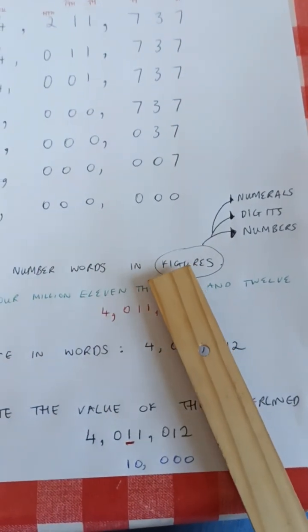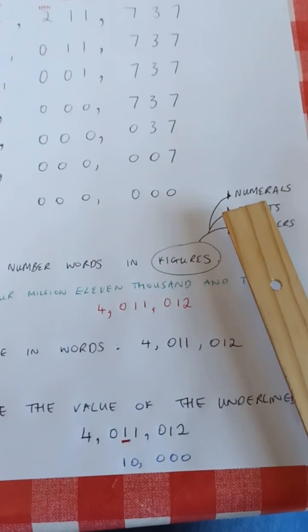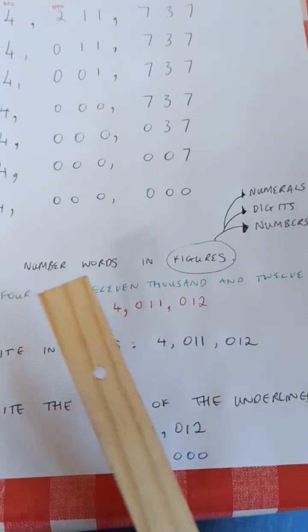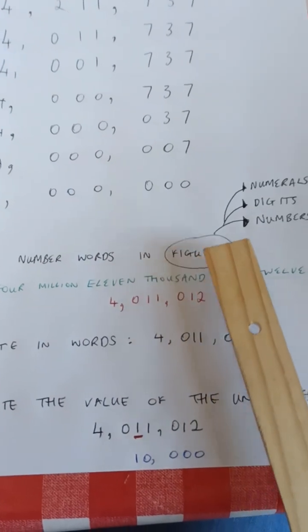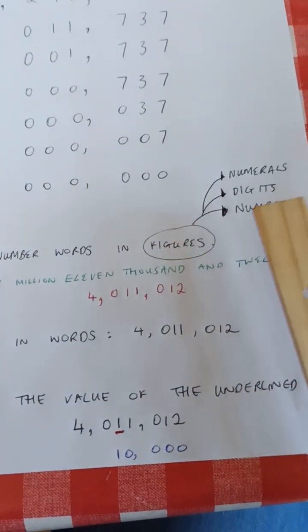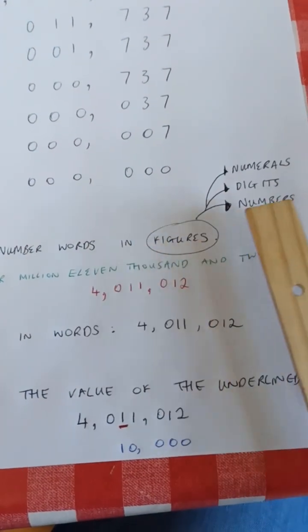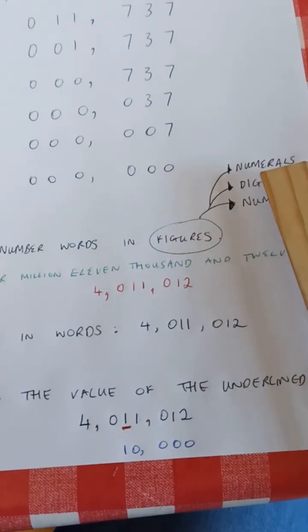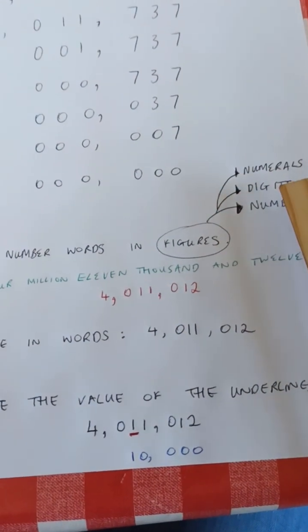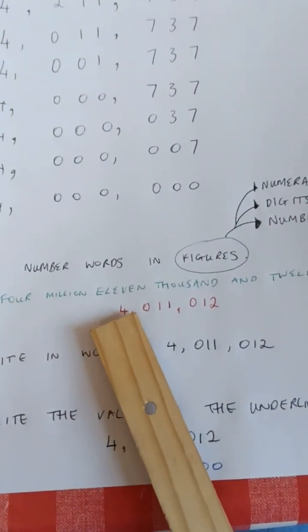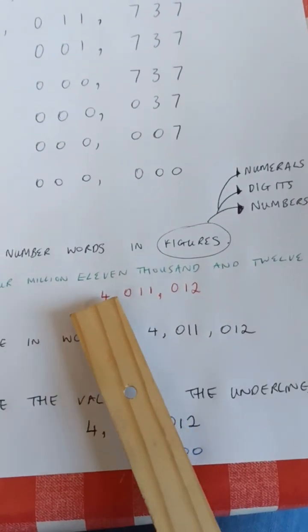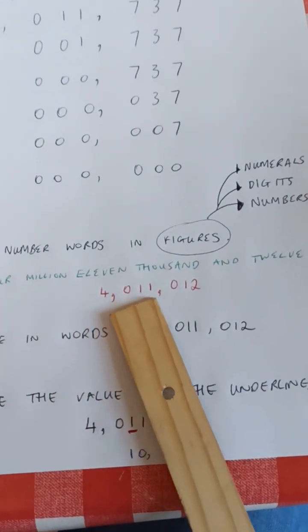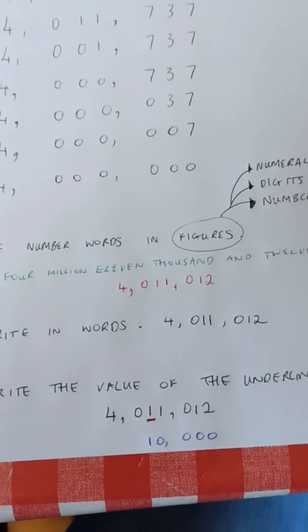So you could be asked to change the number word into digits, numbers or numerals, as well as figures. These words all have the same meaning. So the way you write this number word into figures is this way: 4,011,012. I hope that makes sense.